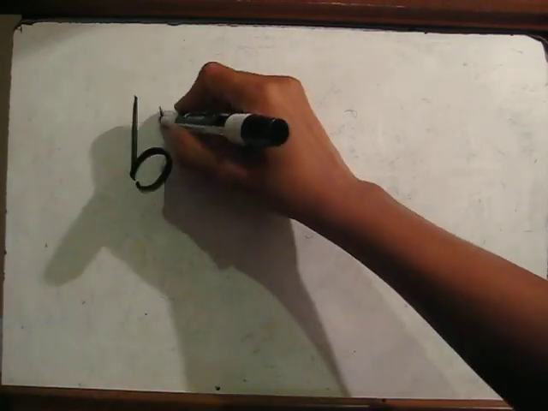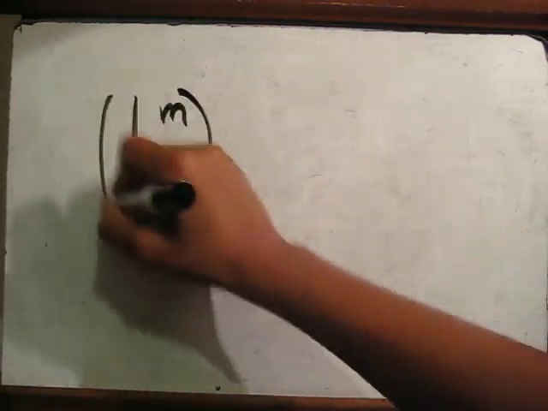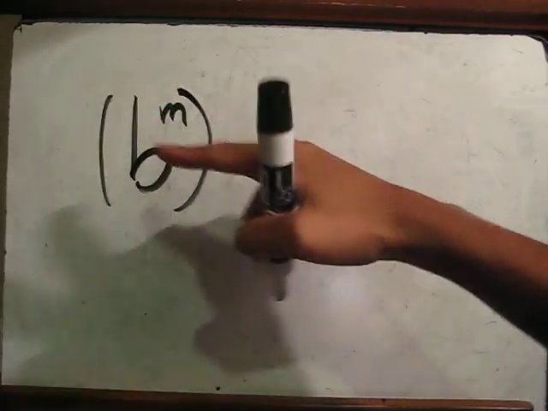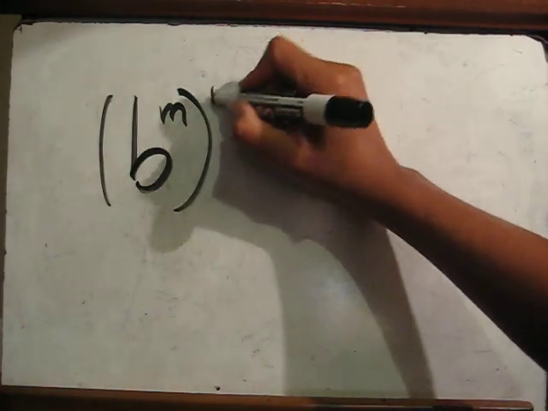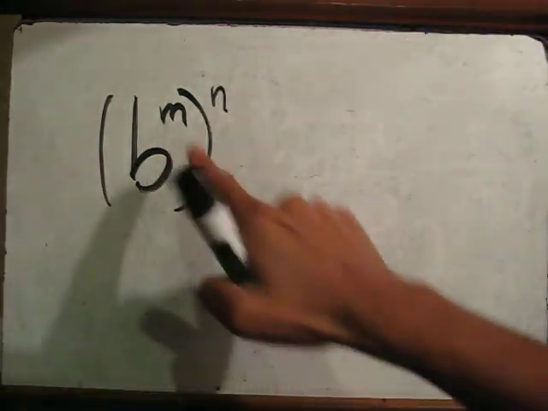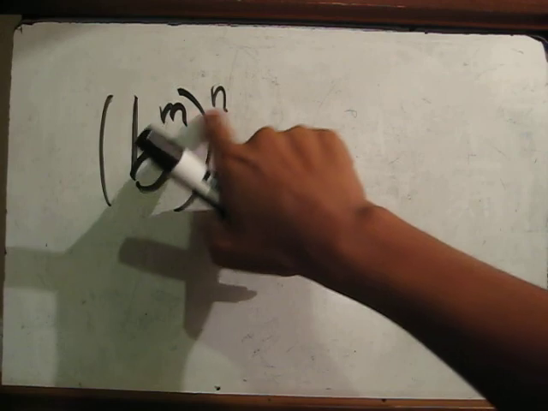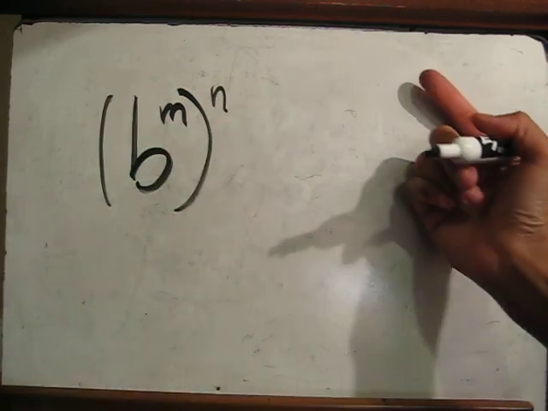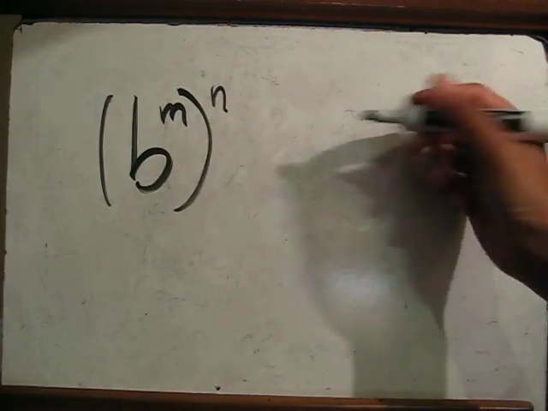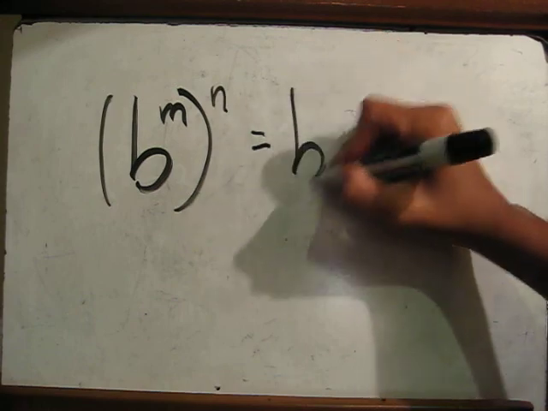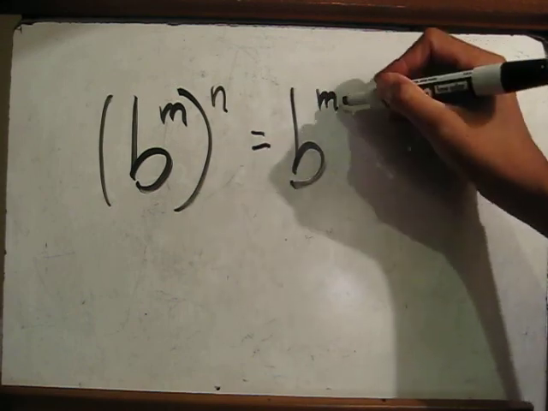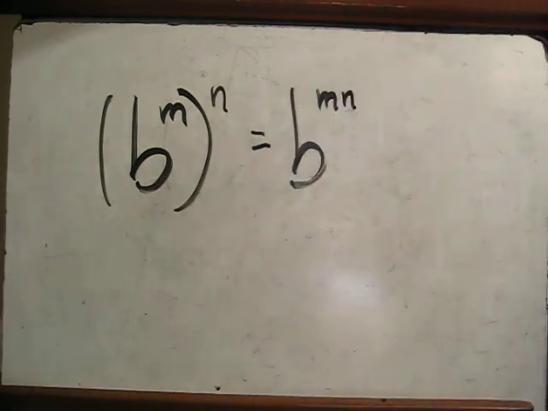Now what if you have a power of a power? Here's a power to a power. In this case, we don't add and we don't subtract. What else is left? We can multiply. So it's b to the m times n.